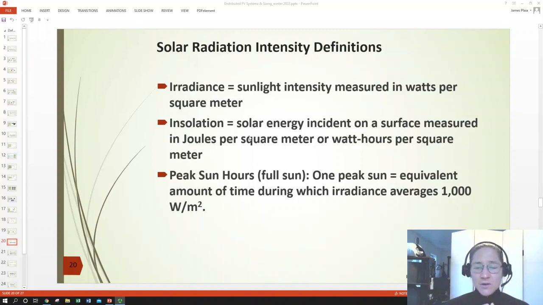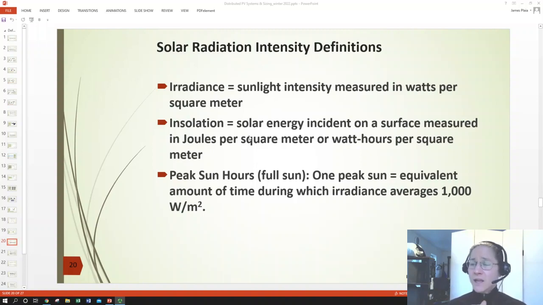Peak sun hours, or peak sun, is a power per unit area like irradiance, so it's power, but it's normalized to our standard test conditions. So if you talk about a peak sun, it's the equivalent amount of real time under your real conditions during which your irradiance will give you your STC 1000 watts per square meter.